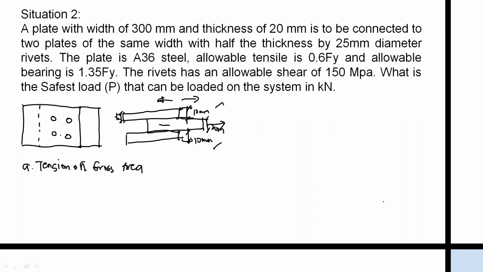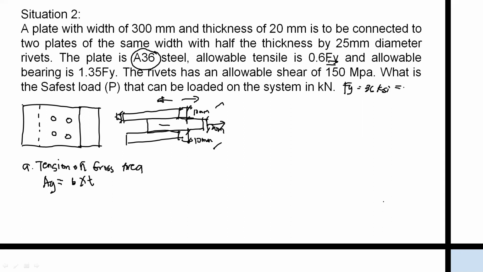Okay. So, tension on gross area. What is our gross area? That is your width multiplied to your thickness. Okay. So, wala tayong mention na value of Fy. But since we are given that it is A36 steel, we can say that your Fy is equal to 36 KSI.